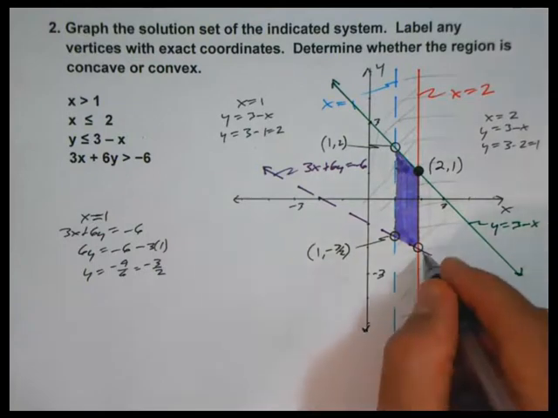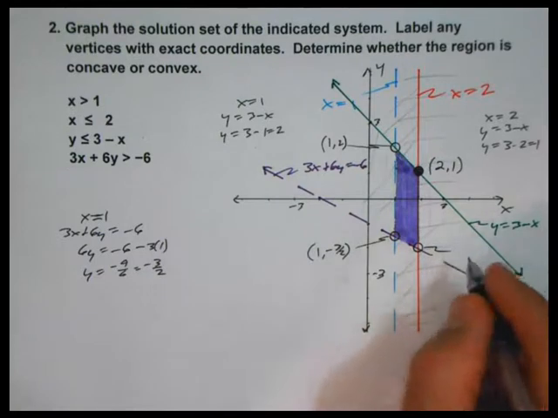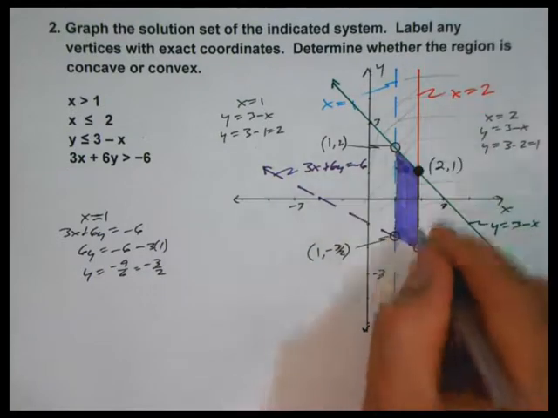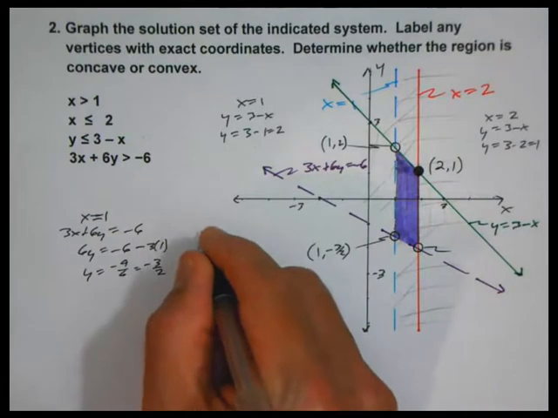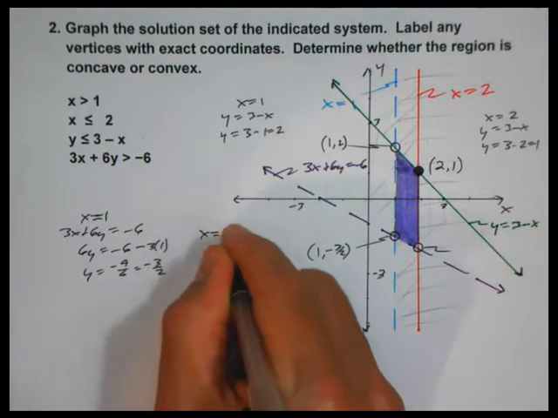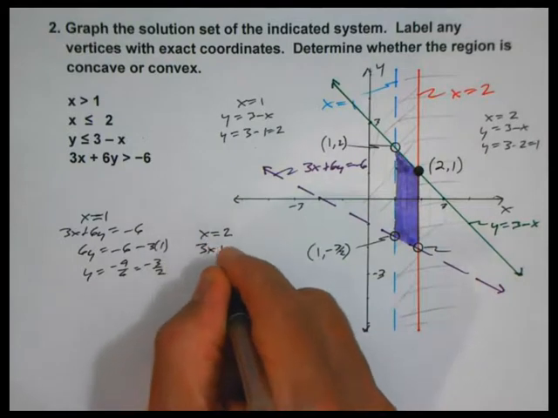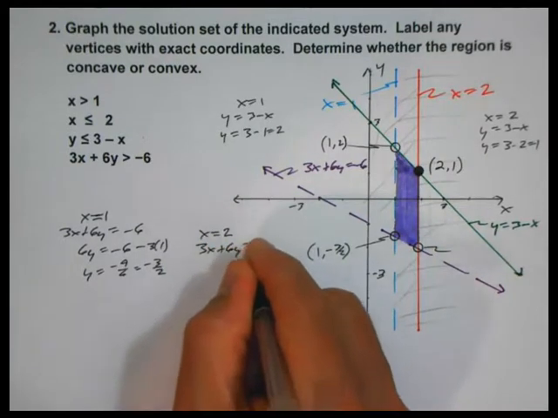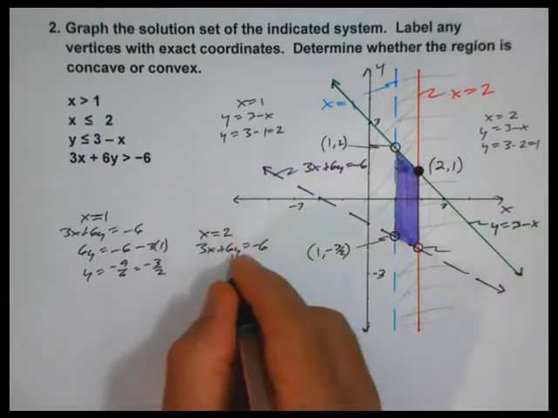Right here. What about this point? It's the intersection of the red line and the purple line. So now we are considering a combination of x equals 2 and the purple line 3x plus 6y equals negative 6. We can substitute x equals 2 in here.